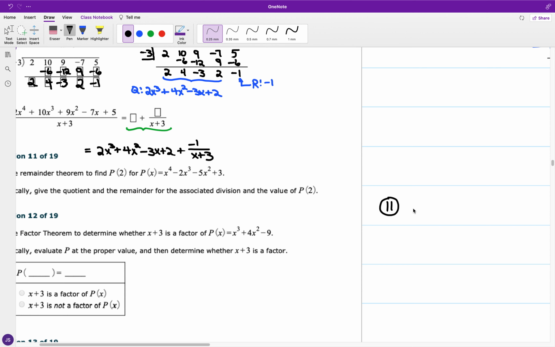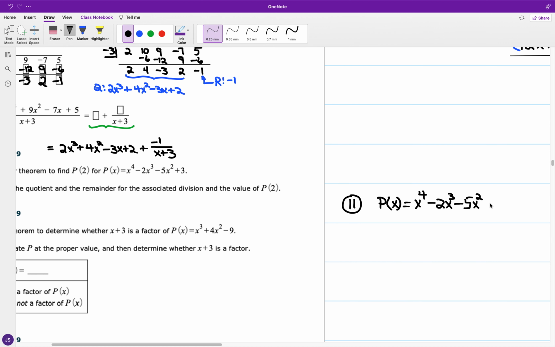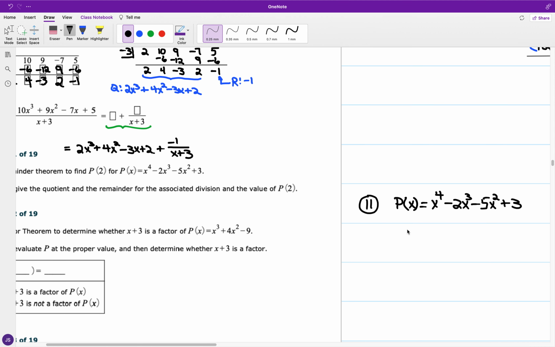So for number 11, you've got p of x, x to the fourth minus 2x cubed minus 5x squared plus 3. And again, we're looking at what the value of p of 2 is going to be.